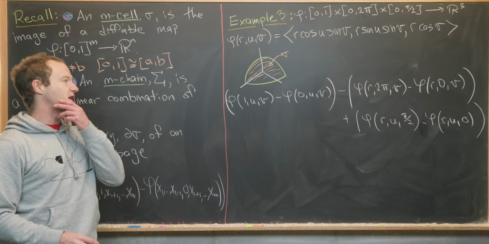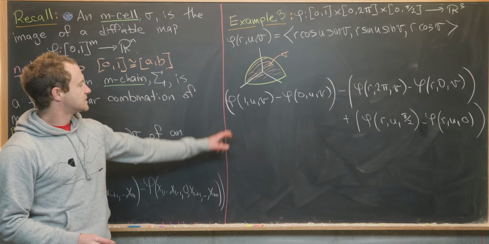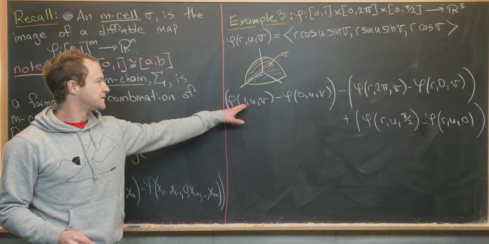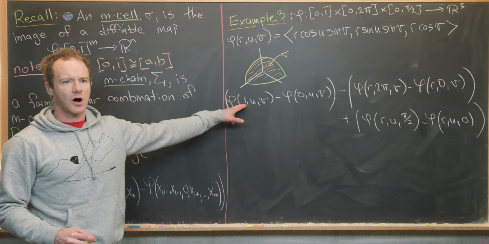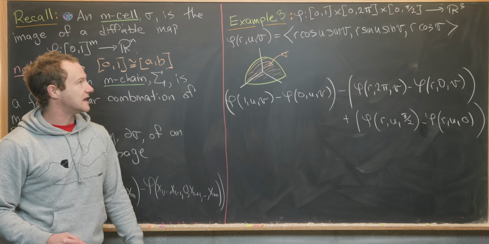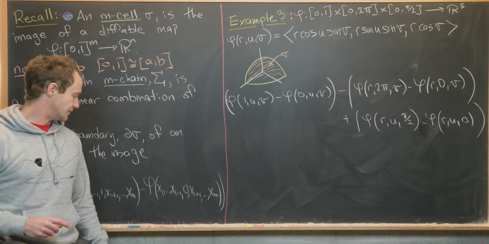So now let's look at what each of these correspond to. So notice here we're setting r equal to 1. So that's like being on the edge of the sphere, but we're letting u and v range from 0 to 2pi and 0 to pi/2.